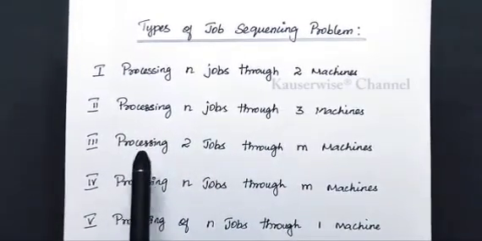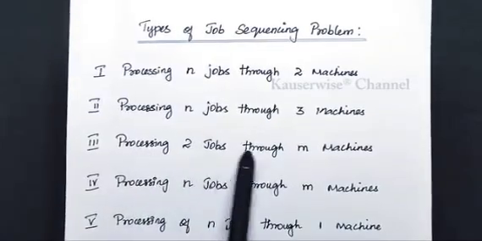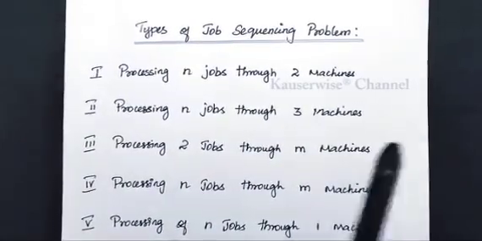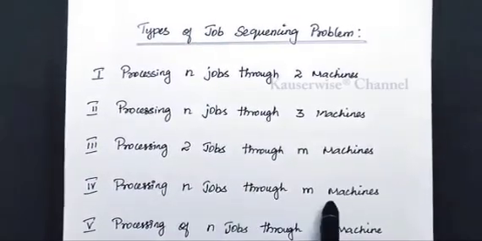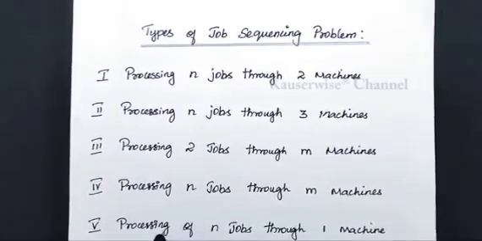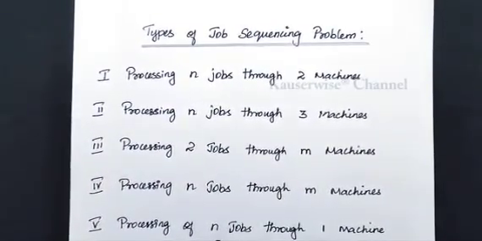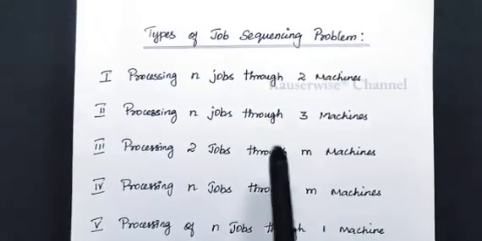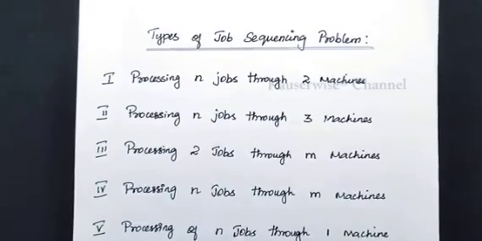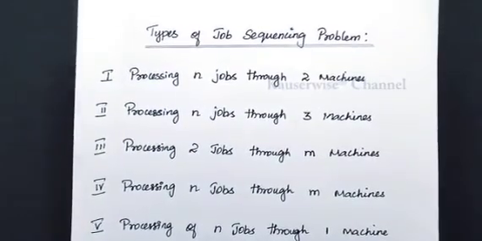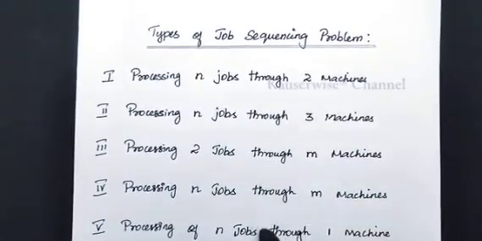The next one, processing 2 jobs through m machines. The next one, processing n jobs through m machines. And the last one, processing n jobs through 1 machine. So these are the 5 different types of sequencing problem. We are going to see a numerical problem for each and every model separately.